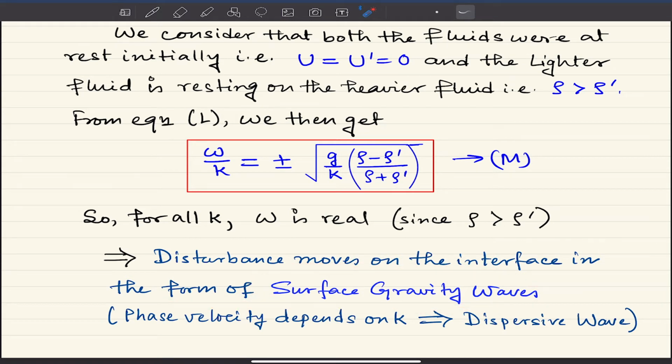And here you can see that for this mode, unlike the sound speed, the phase velocity actually depends on k. So this is a dispersive wave. The phase velocity is not a constant; it depends on k. So this is the story of one case.